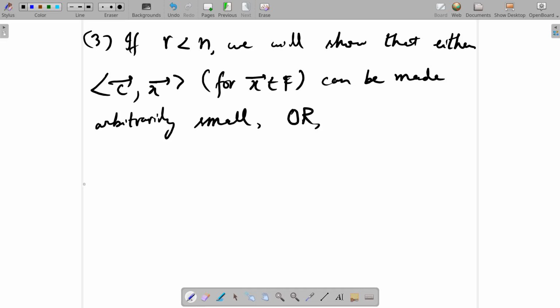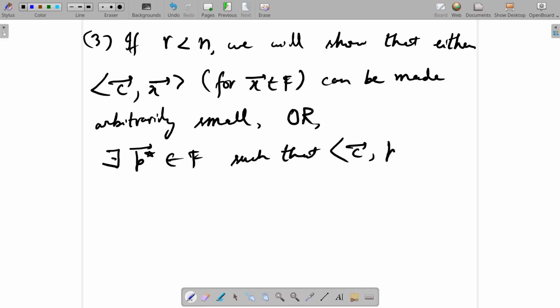the second option is there exists something better. So there exists another vector in the feasible set, P star, such that first of all it is of smaller cost.